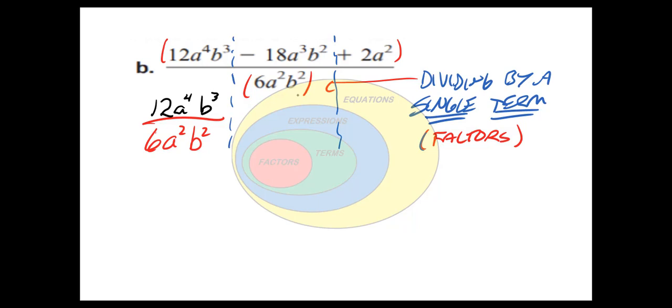The second term in the numerator is a negative 18 a cubed b squared, and we're going to divide that by the 6 a squared b squared. You want to write this so that we know we're going to be canceling, so we want to use space. The last term would be a plus 2a squared, over the 6a squared b squared.